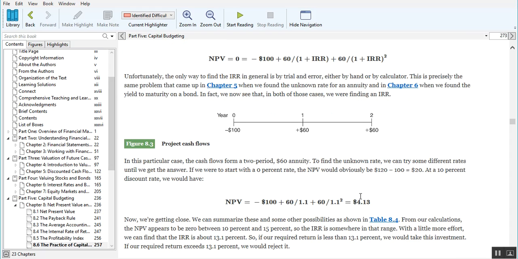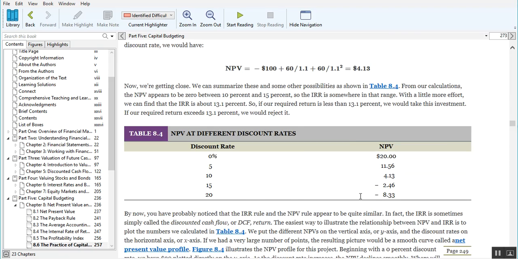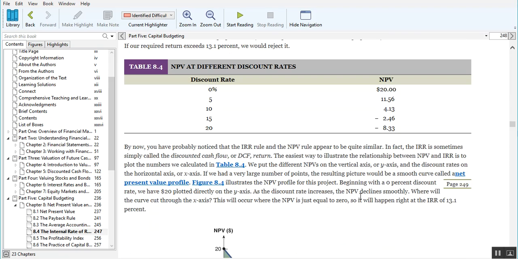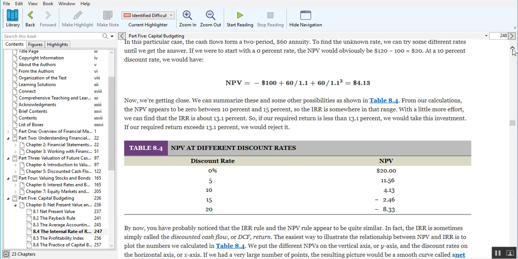A net present value is a series of calculations to approximate what the rate of return would be. So here we have, in a specific case, different rates of returns, discount rates, and here are the net present values.